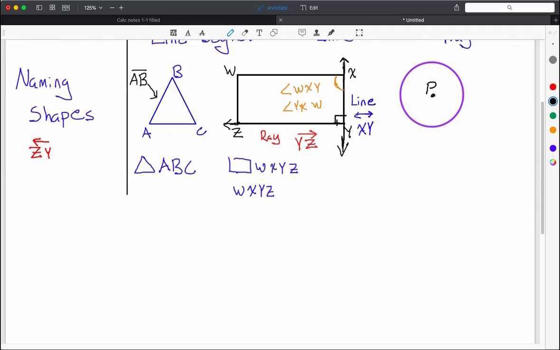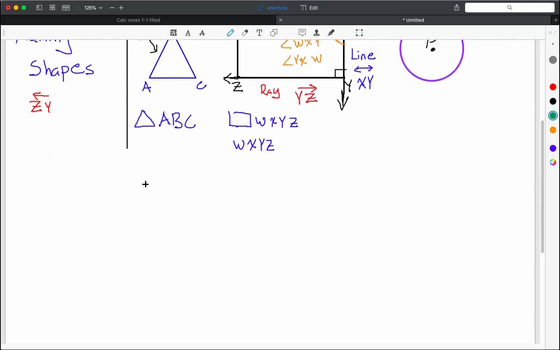If that's 90 degrees, how could I describe the fact that this ray YZ and this line XY are perpendicular to each other? Perpendicular, again, if you don't know the word, I'll write it over here. Perpendicular, meaning 90 degrees. 90-degree intersection, I suppose.